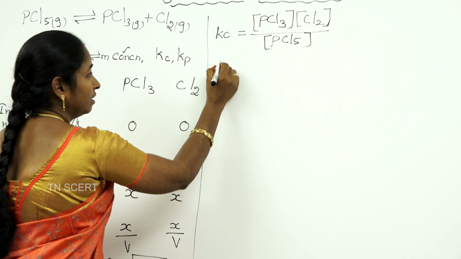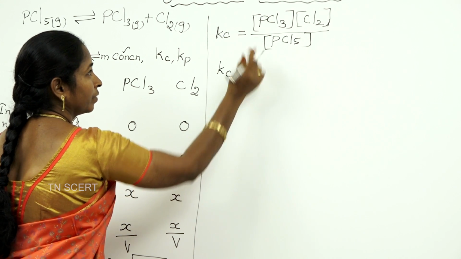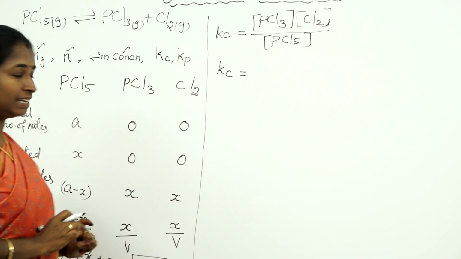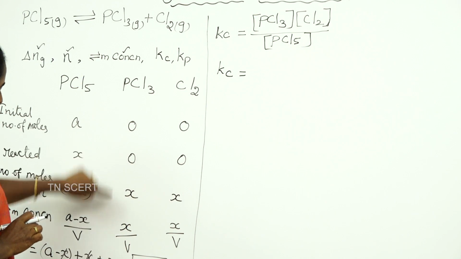So, Kc is equal to the active mass of PCl3. What is the active mass of PCl3?